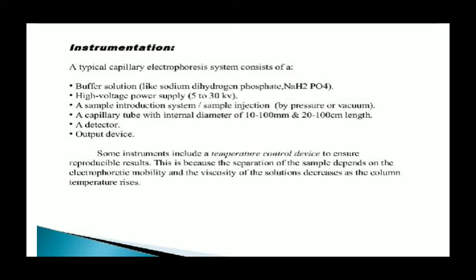Then we need a detector and an output device. Some instruments also include a temperature control device to ensure reproducible results, because the separation of the sample depends on the electrophoretic mobility and the viscosity of the solution, which decreases as the column temperature rises. That's why some instruments need a temperature control device.